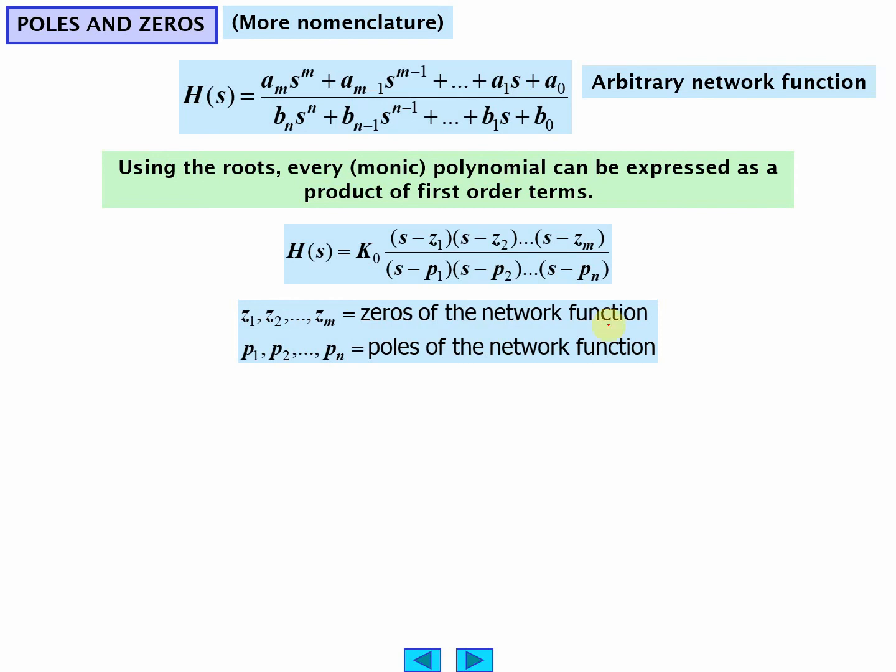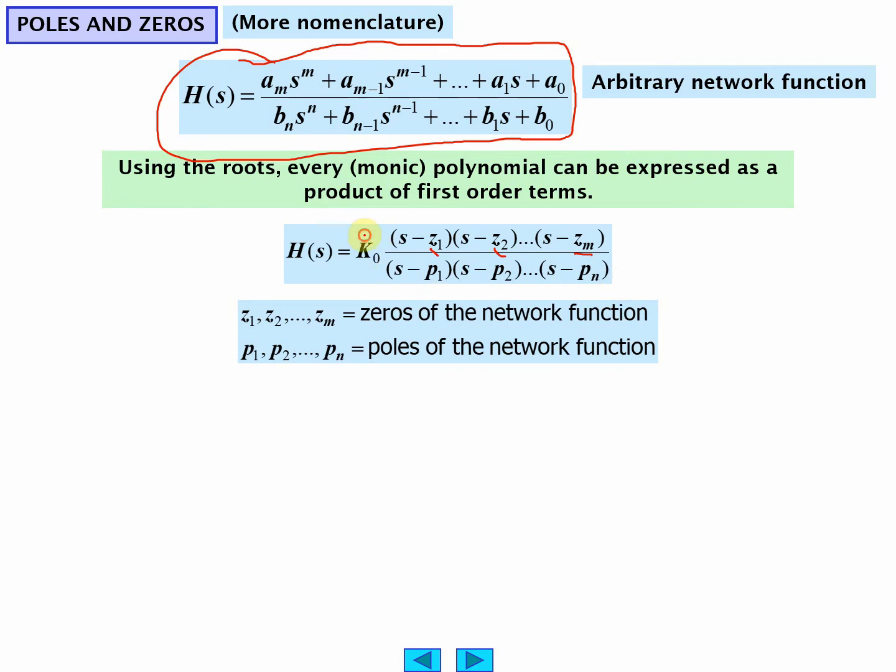Poles and zeros. So more definitions, more nomenclature, as I call it. We noted earlier that you have a transfer function. It can be written as the ratio of polynomials. I even wrote a new Octave routine to calculate it. You can find the roots of this polynomial. They might be complex roots, but we're dealing with complex numbers. So you can write that polynomial as the product of s minus all of its roots, and so forth.